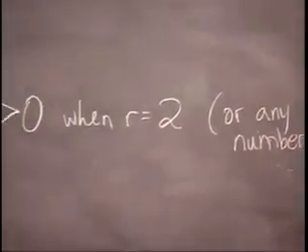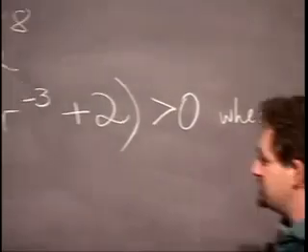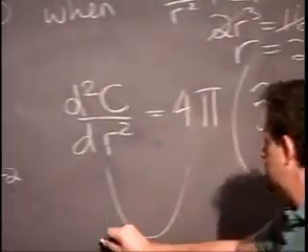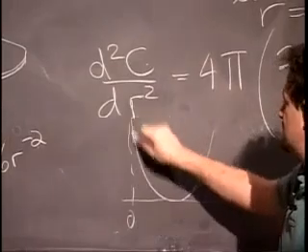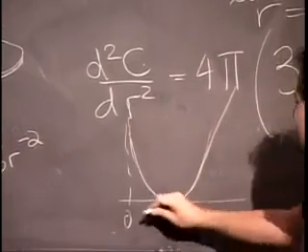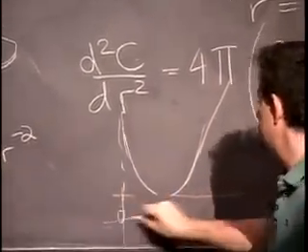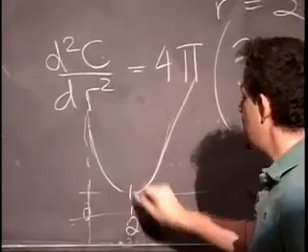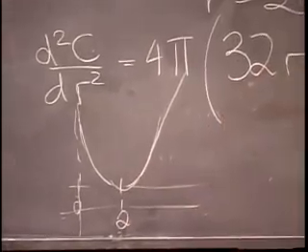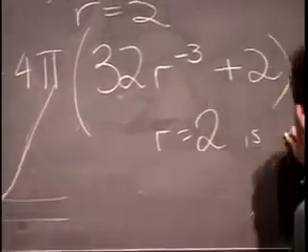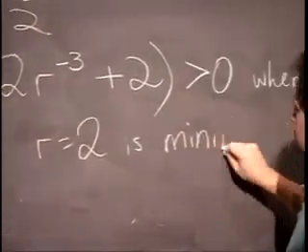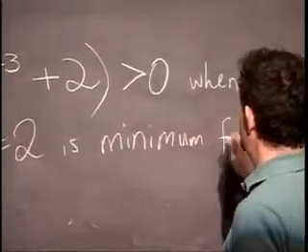So the second derivative is positive, which means that the curve looks something like this. It has an asymptote there, it just goes off to infinity. I don't know how high this is, but 2 is the only minimum, so it must be the global minimum. So r equals 2 is an absolute minimum for C.